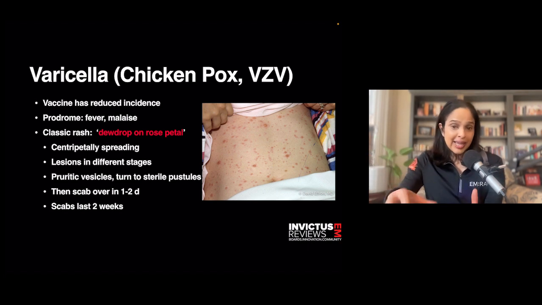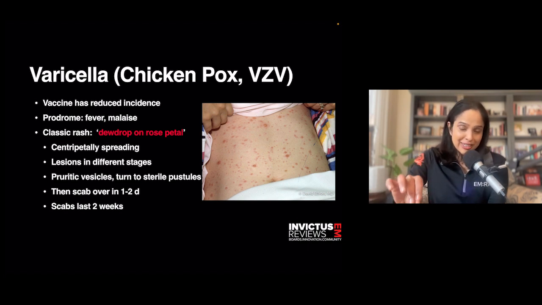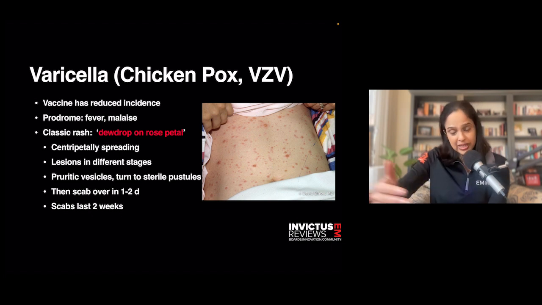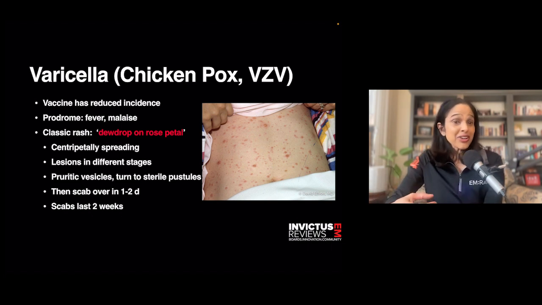So this classic dewdrop on a rose petal thing, this is chickenpox. You've got this red little area, a tiny discrete lesion, and then the dewdrop is the vesicle, which will then pop and then crust over. So again, lesions in different stages, very itchy. That's a hallmark. These are more itchy than painful usually. They can get superinfected.